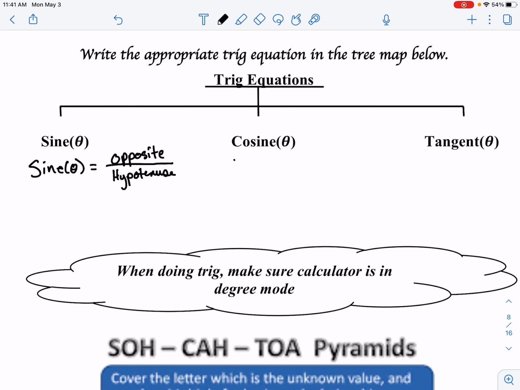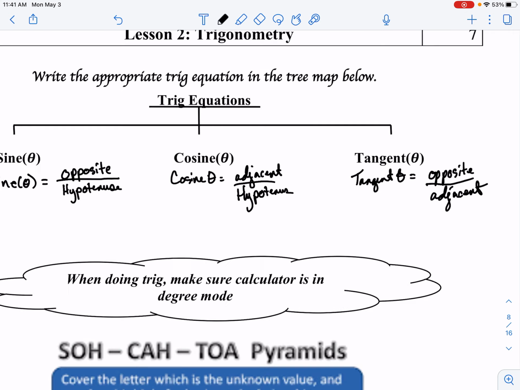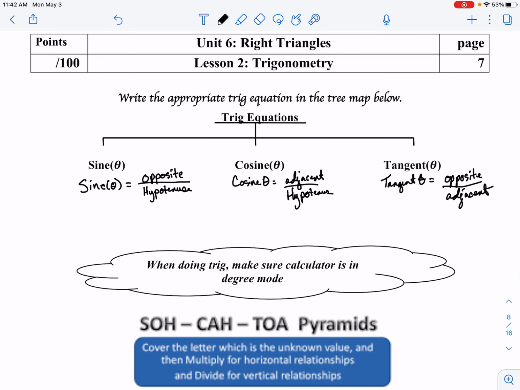Cosine theta is equal to the adjacent side over hypotenuse. Tangent theta is equal to the opposite side over the adjacent side.